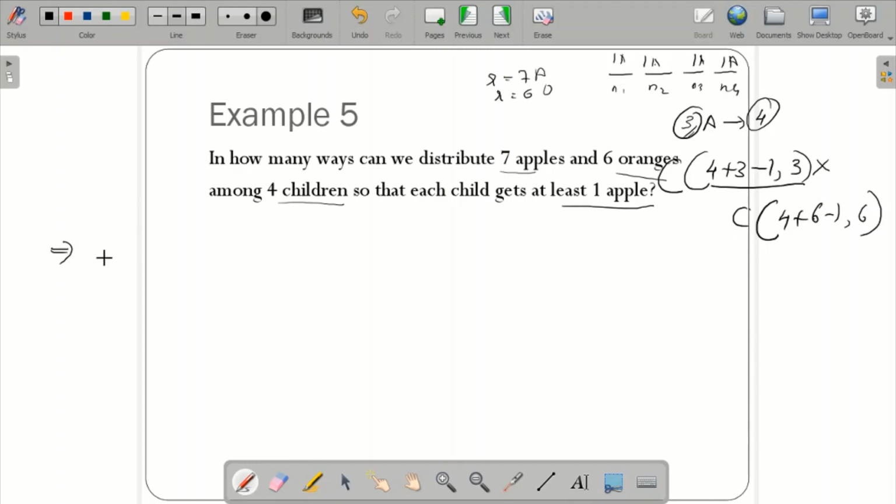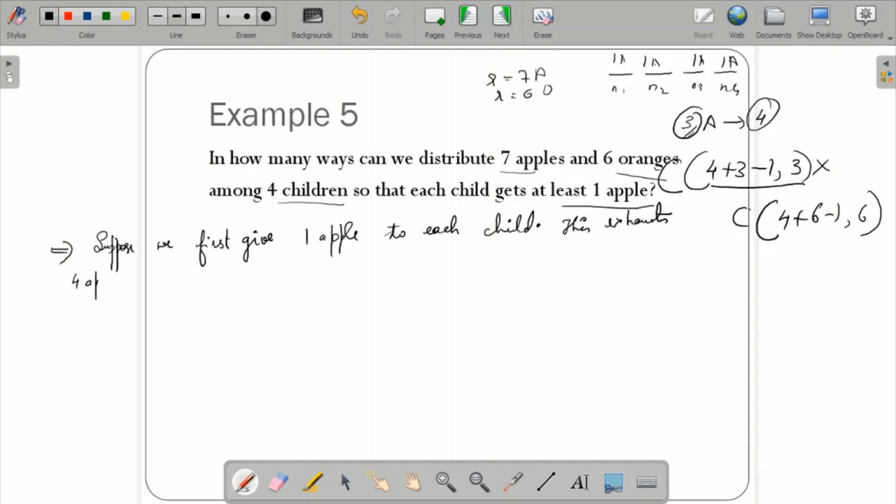Suppose we first give one apple to each child. This exhausts 4 apples.